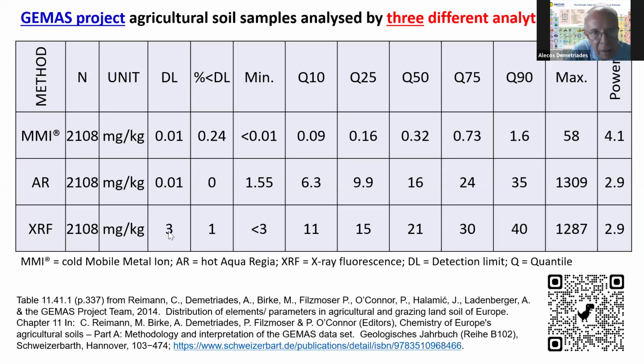And as you can see, there are different results, okay, according to the method. Okay, so when we define something, again, it depends on the analytical technique used for that particular sample type. Here we have agricultural soil, and the differences, as you can see, are quite distinct.